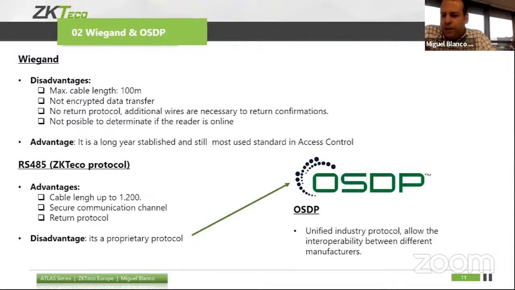OSDP is a unified protocol for the industry that unifies all the manufacturers and ensures interoperability between them. So we can have a reader from manufacturer A and it will work with a controller from manufacturer B if both of them support OSDP.